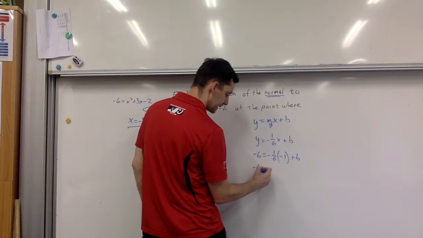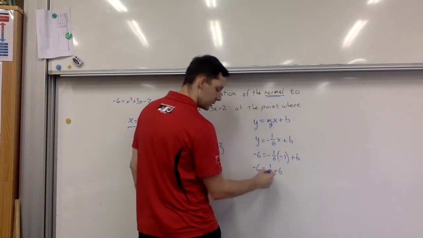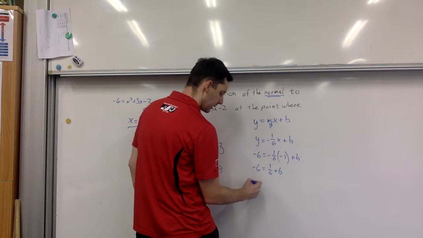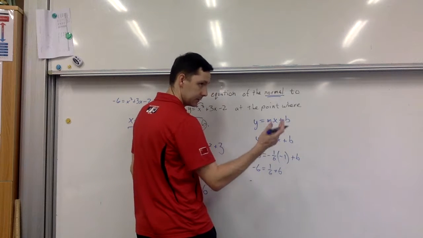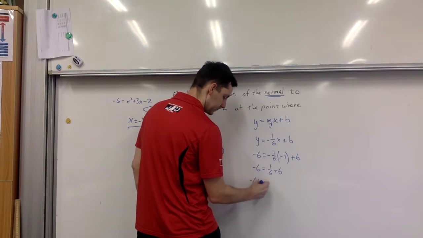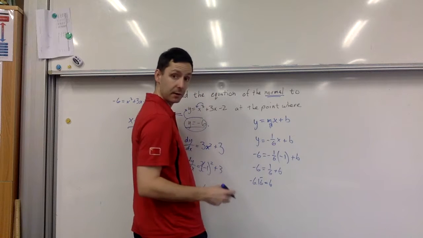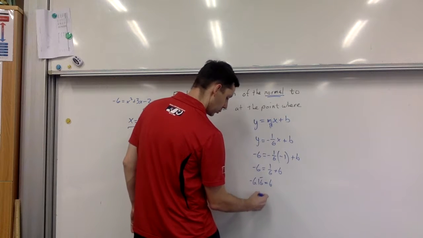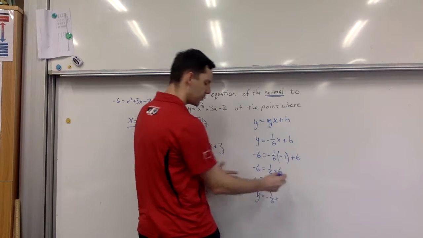Now I should be able to solve for my y-intercept. I have -6 equals 1/6 plus b. Let's subtract the 1/6, and I get -6 minus 1/6, which is -6.16 repeating, equal to b. And so I can now write my final equation, which is y equals -1/6 x minus 6.16 repeating.